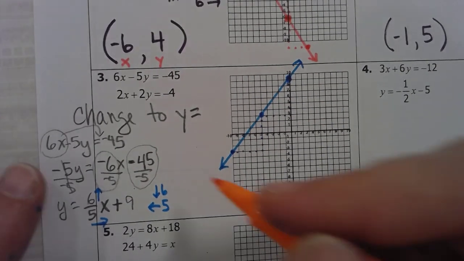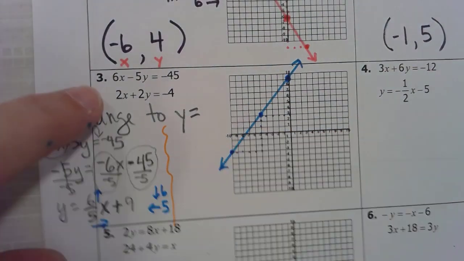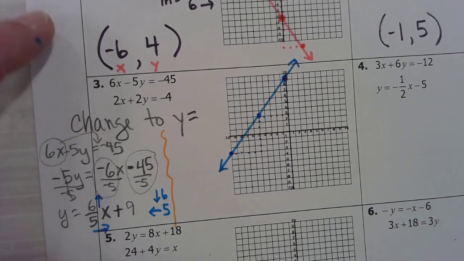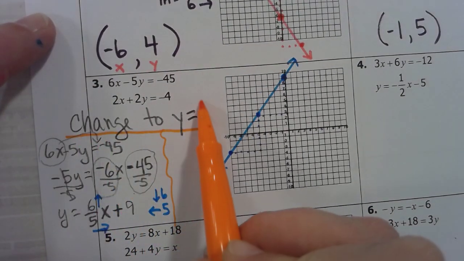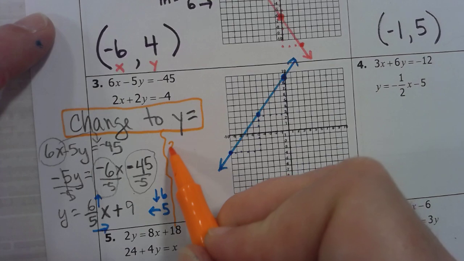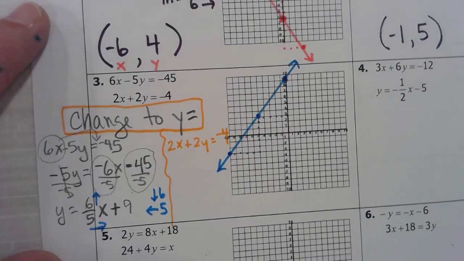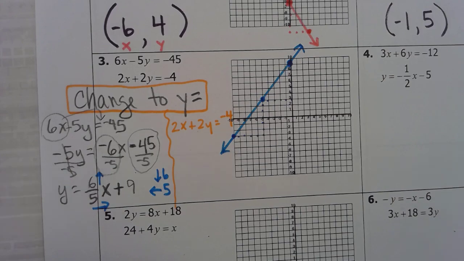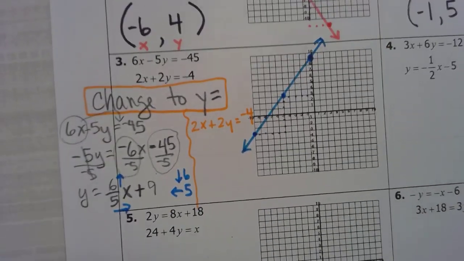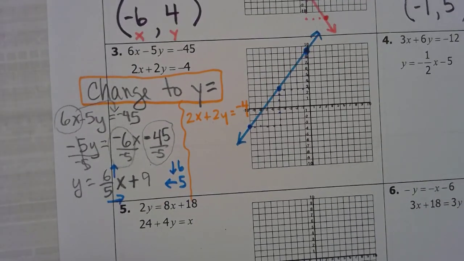Okay, so again, before we graph the other one, we got to change it into y equals. Change to y equals first. So we've got 2x plus 2y equals negative 4. If we want the y by itself, we got to get rid of the x.